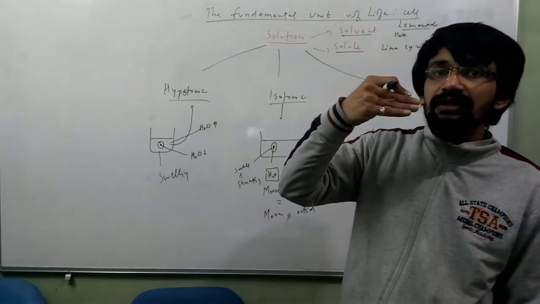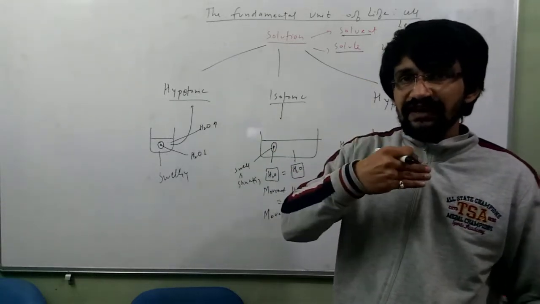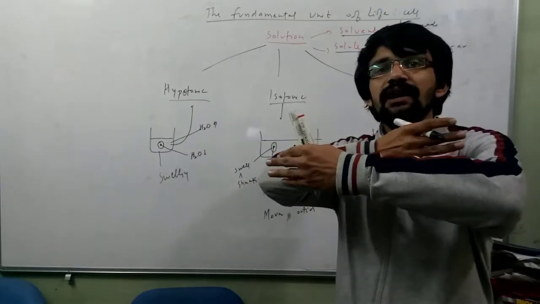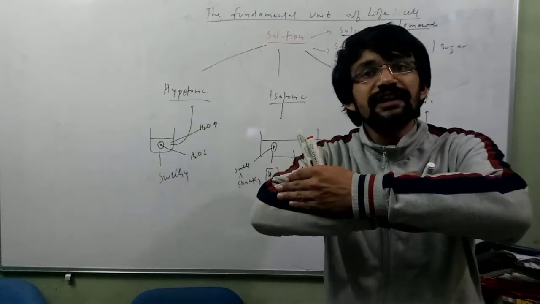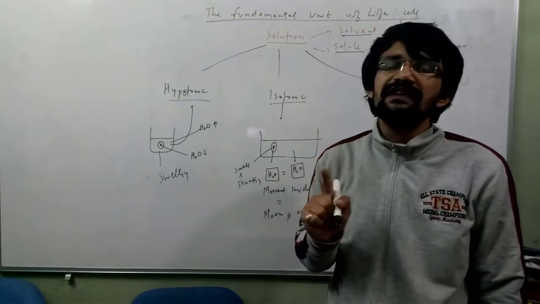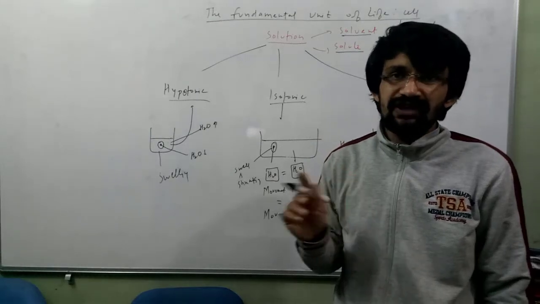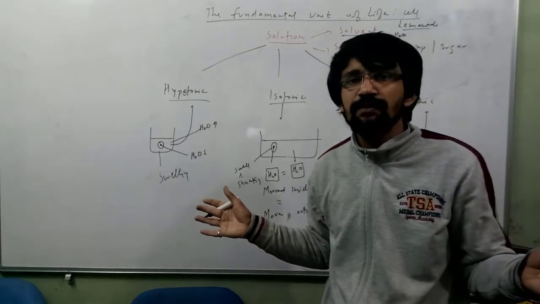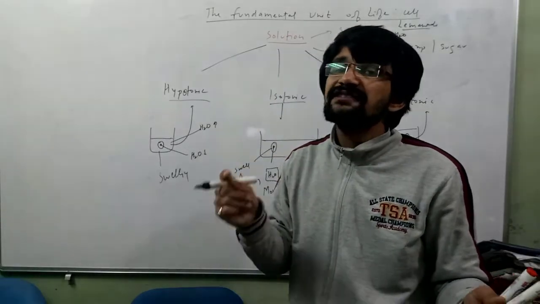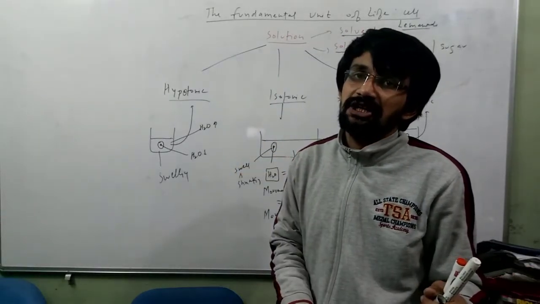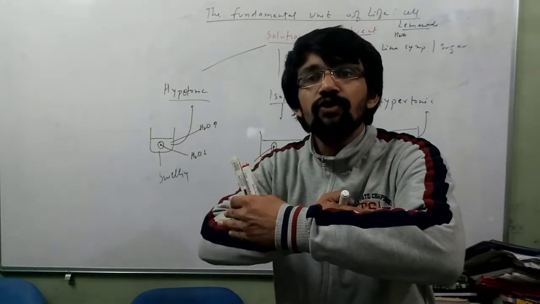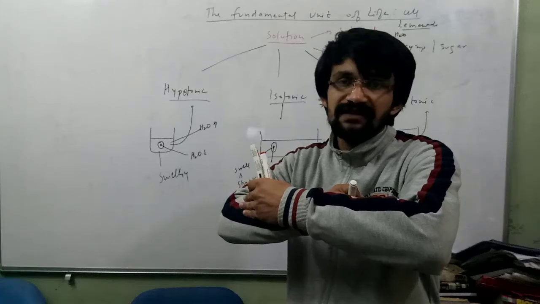The amount of movement which is taking place inside and the movement which is going outside are approximately the same. So the net movement is 0. So it's not right to say that there is no movement taking place in an isotonic solution. The movement is same on both the sides. That's why. Is that clear, everyone?